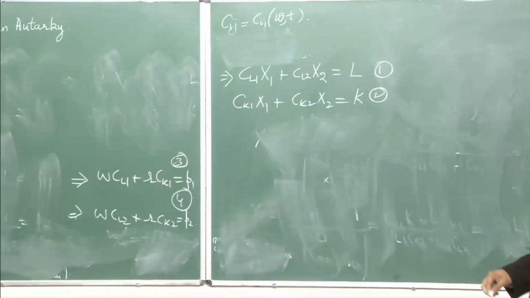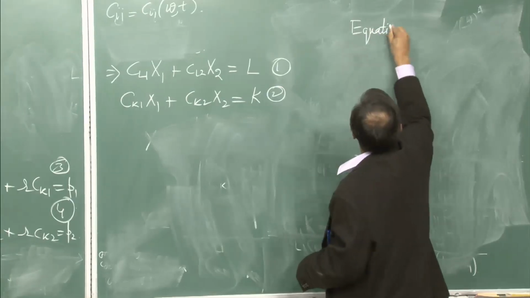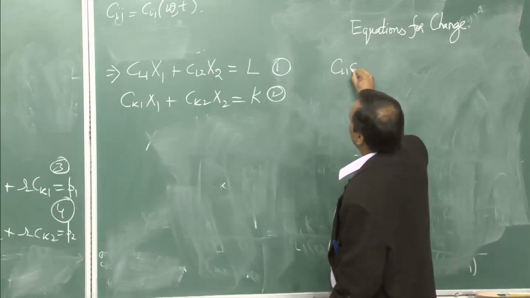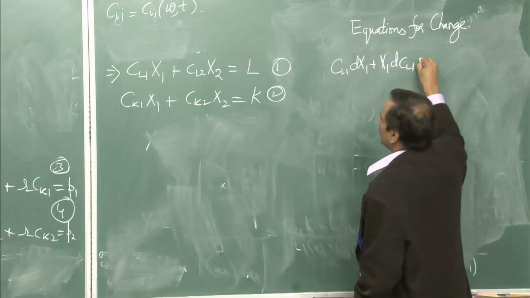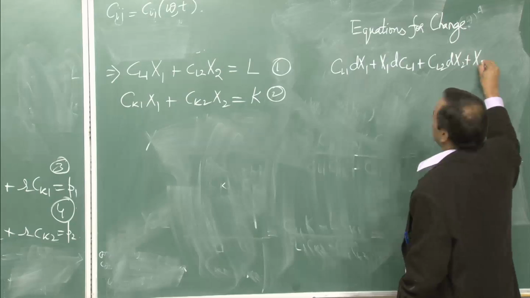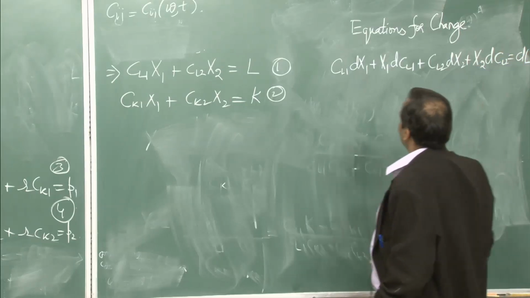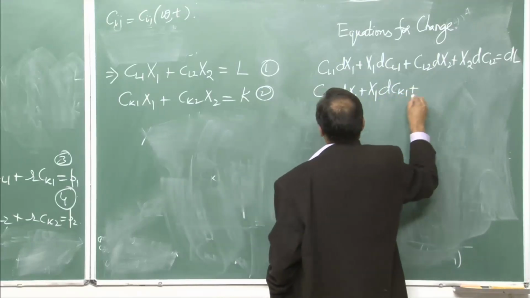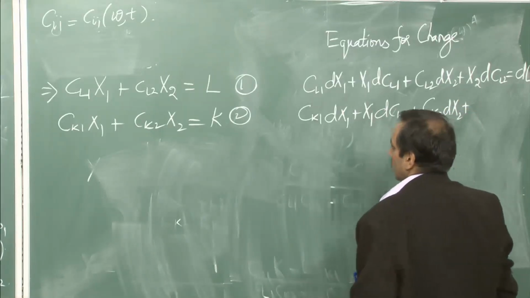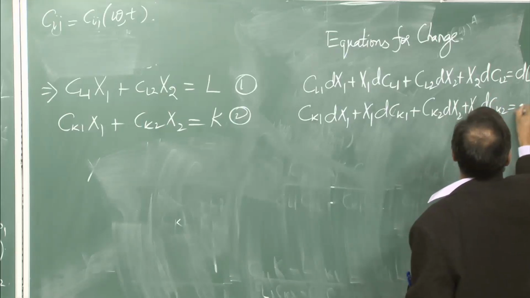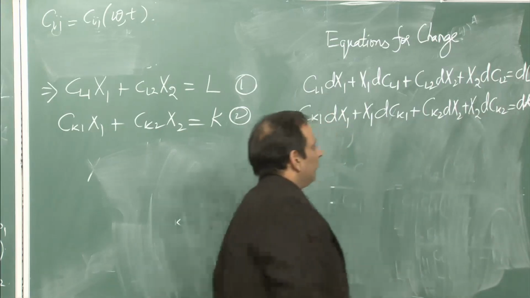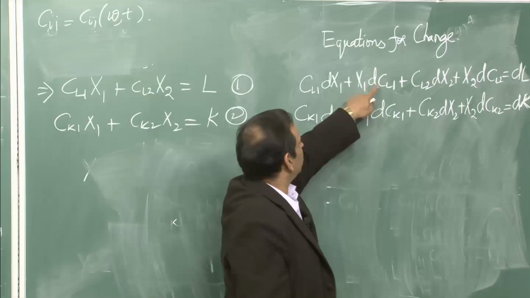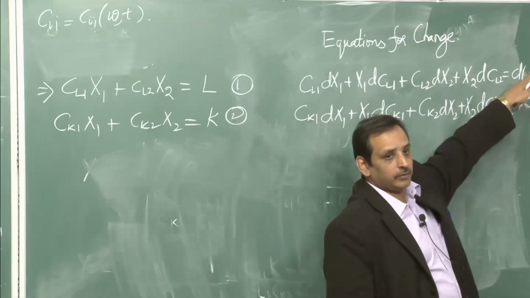Now, the equations for change would be Cl1 dx1 plus x1 dCl1 plus Cl2 dx2 plus x2 dCl2 is equal to dL.